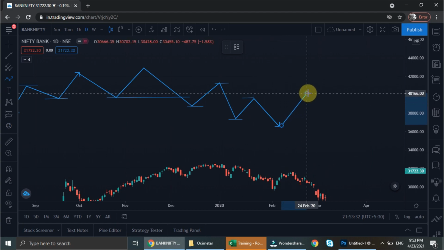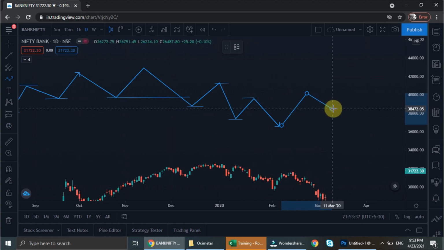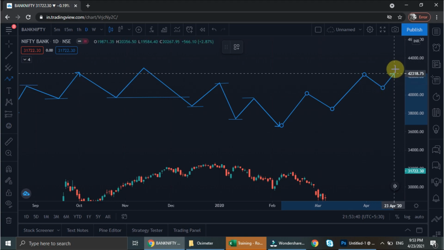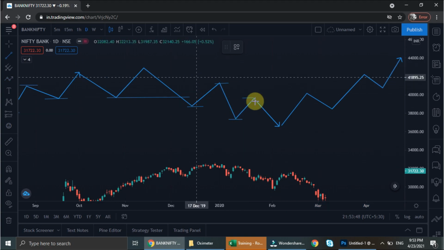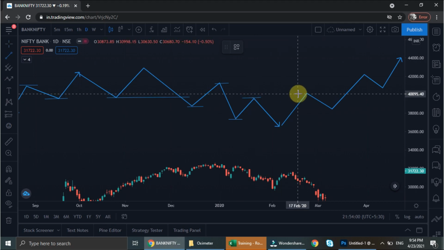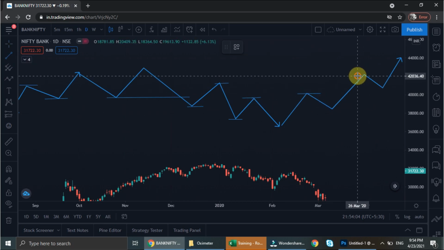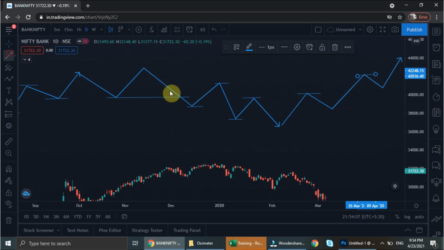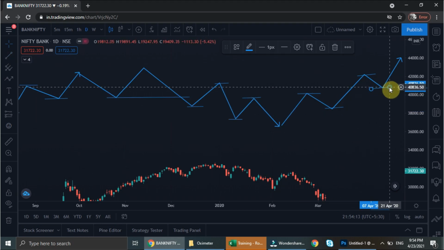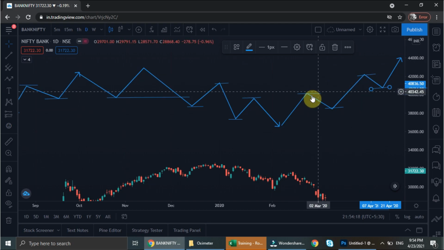From here it breaks the high of the previous lower high. From downtrend to uptrend, once the previous lower high breaks, then we can understand that the direction has changed. Then again, the direction is now uptrend. This is how the stock market moves. And all these lower swings we call higher lows and upper swings we call higher highs.